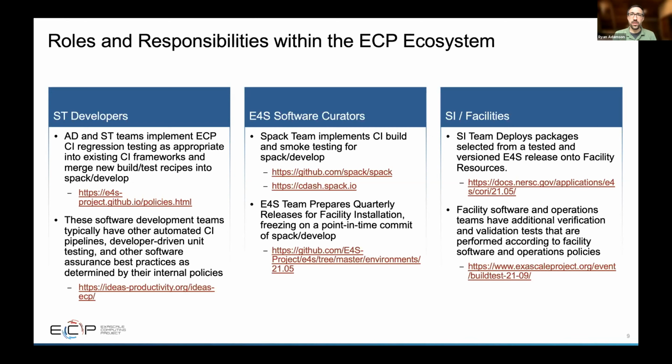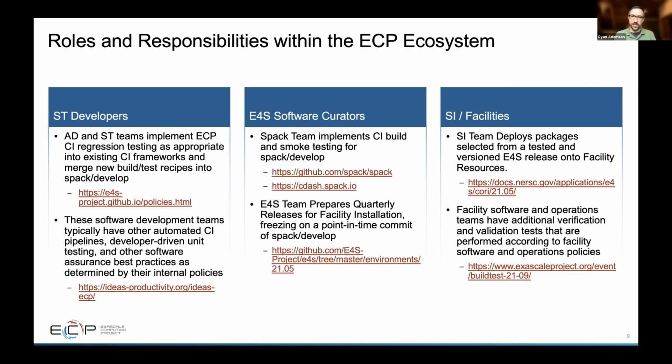And these teams are also taking advantage of the ECP IDEAS work, where productivity and the best scientific software practices are made available for these teams to help deploy or build scientific software in a best practices way.